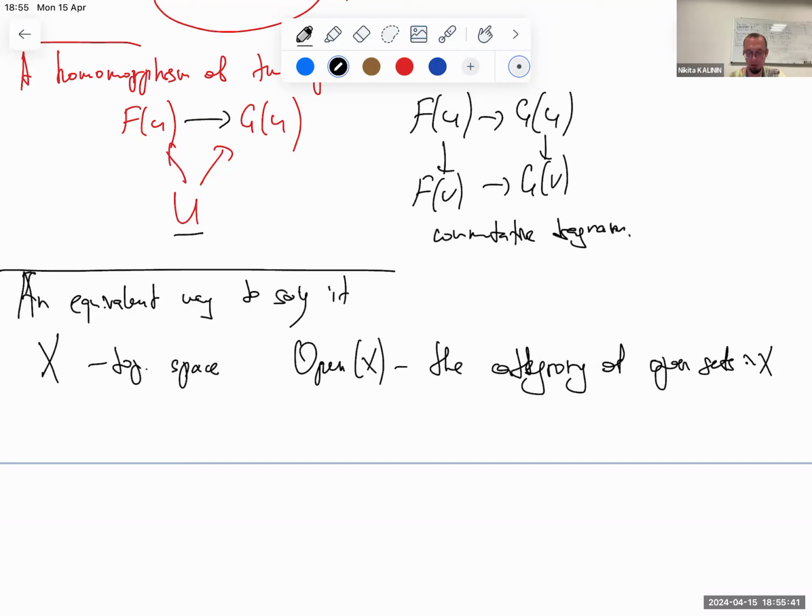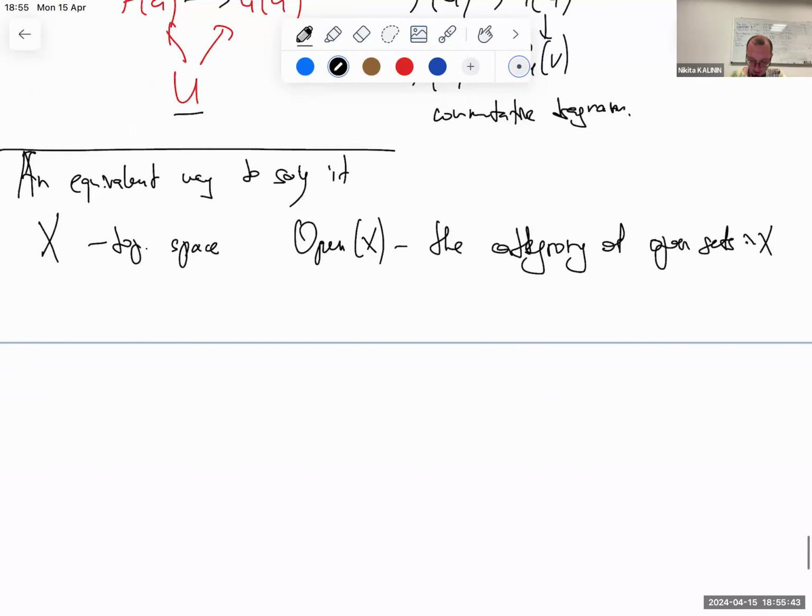Our objects should be just open sets. And you must have morphisms: just inclusions, let's say, not restrictions, but inclusions. So if you have U as a subset of V, then there is an inclusion map from U to V.